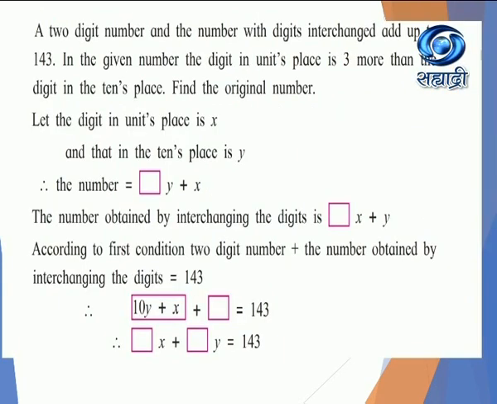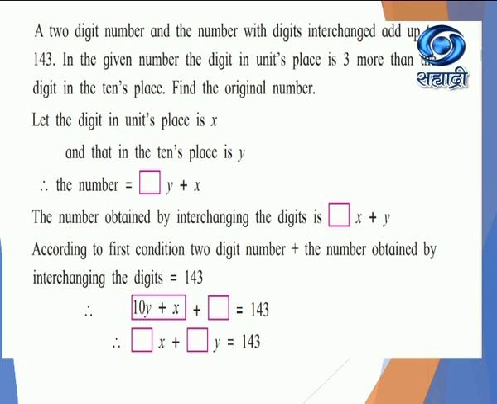One more activity based sum. A two-digit number and a number with digits interchanged add up to 143. In the given number, the digit in units place is 3 more than the digit in the tens place. Hence, find out the original number. This is an activity based sum, so here you just have to fill in the blanks.